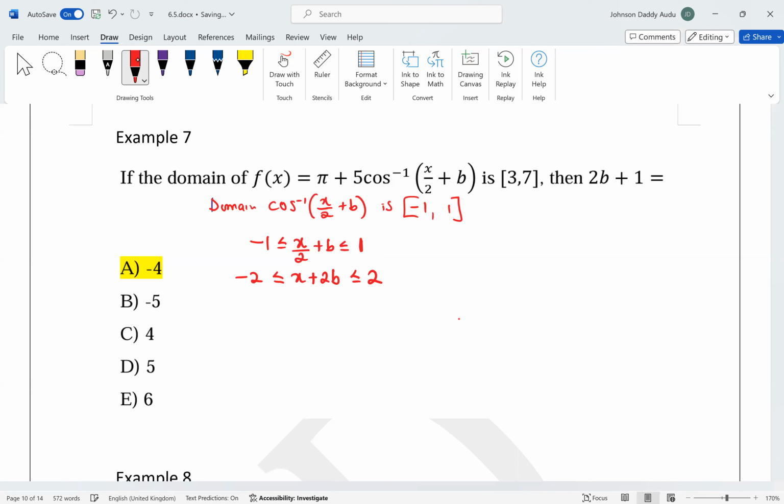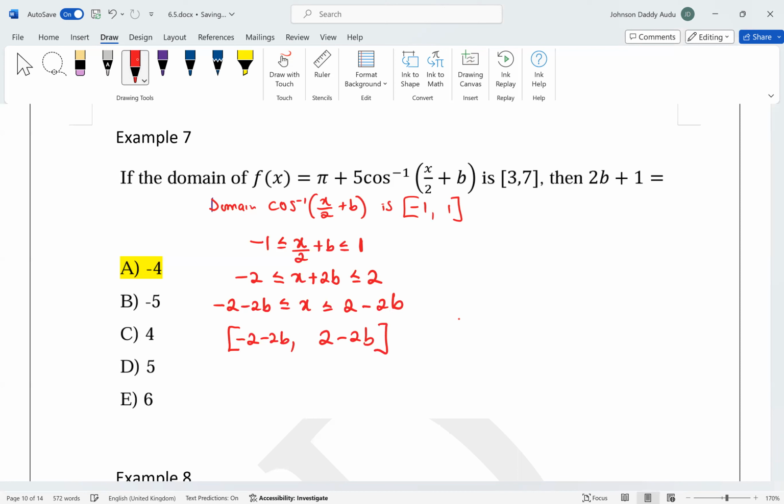Then what can we do? We can subtract 2b from both sides. So this is minus 2 minus 2b is less than or equal to x, which is less than or equal to 2 minus 2b. So the domain is going to be the closed interval from minus 2 minus 2b to 2 minus 2b.